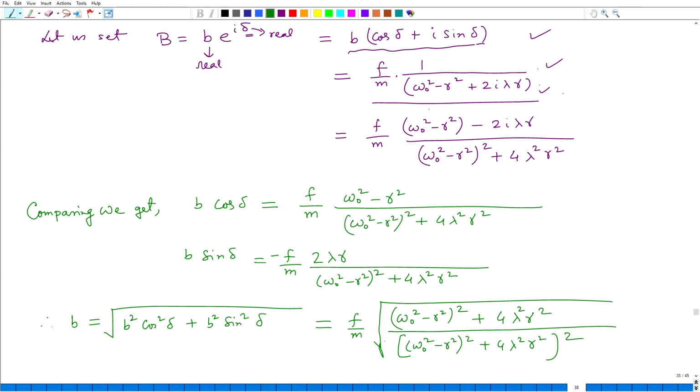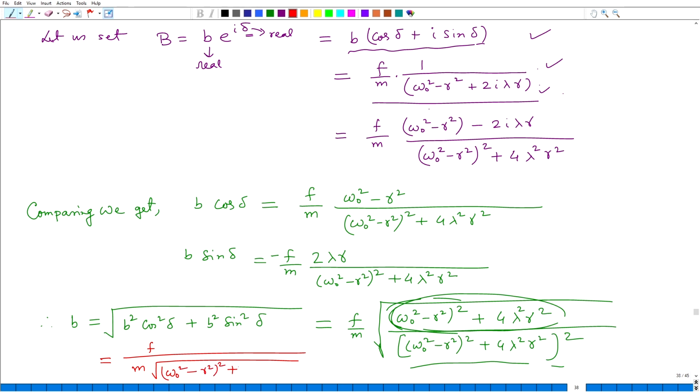So, one factor of this whole thing will go away, and finally there will be a root. So, the final expression for b, I write in red, will be equal to f/m divided by the root of (ω0² − γ²)² + 4λ²γ².